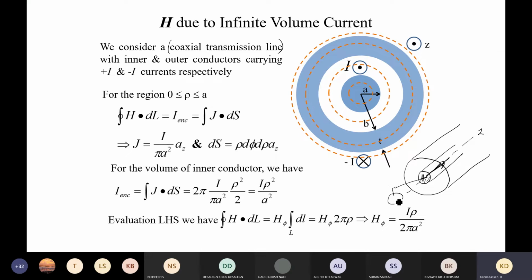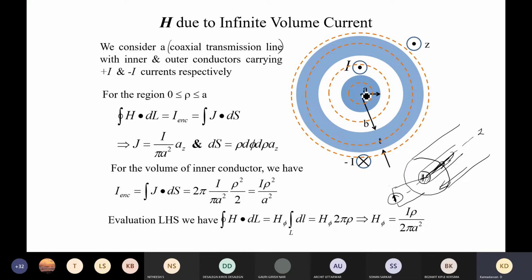Let's say this is the current source. If the current is going in this particular direction, obviously the current in the outer conductor will always be in the opposite direction. So how to define this in a cross-sectional view?